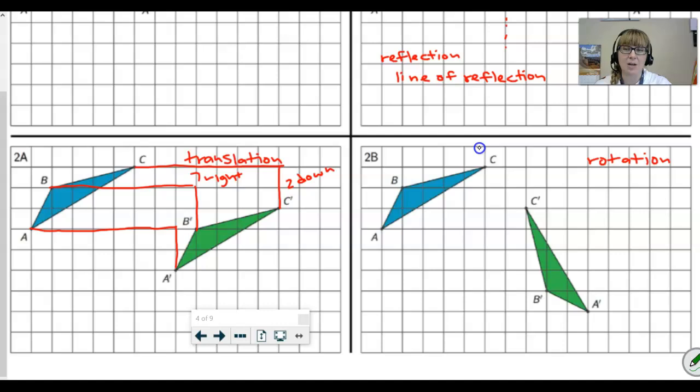Which point are we spinning around? I'll help you out with this one because it is rather difficult, but I want you to see that C is 2 steps away from our rotation point, so C prime is also 2 steps away. We talked about in the past how rotations move about a circle, and so you can kind of envision what that circle would be like.